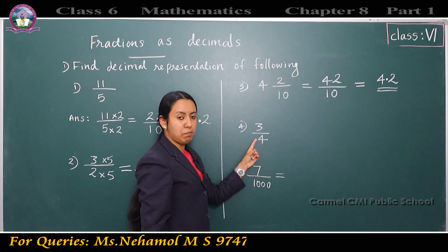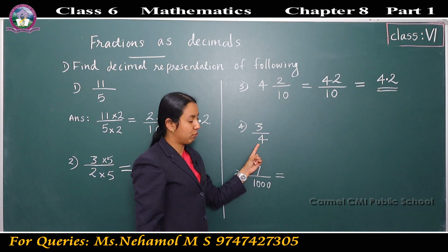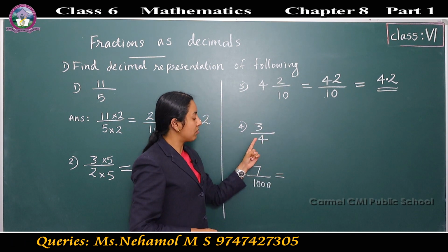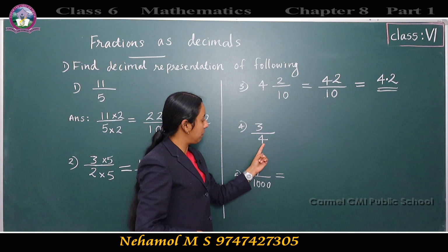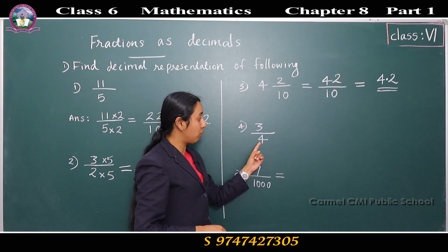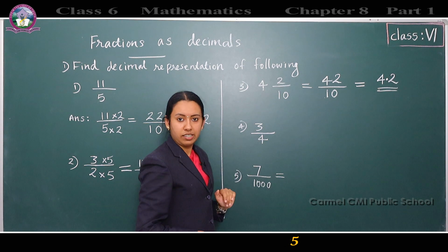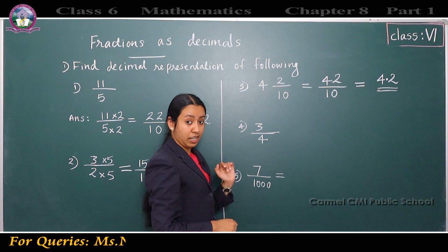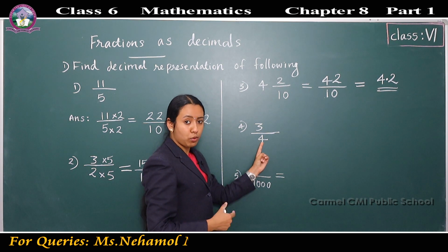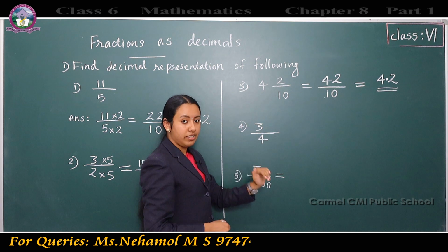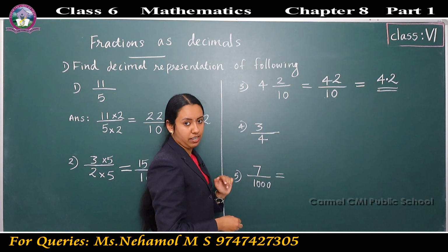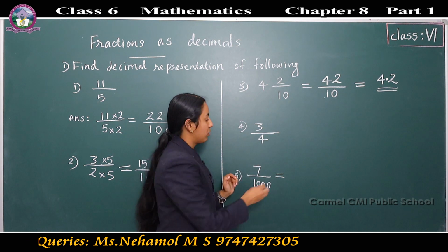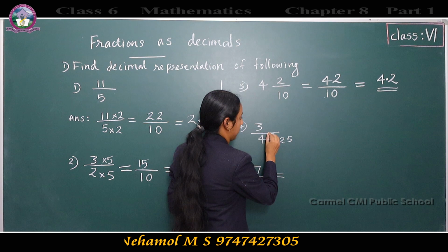Then next number 3 by 4. Denominator is 4. We know that there is no whole number that gives 10 by multiplying 4. So we have to consider 100. Since it is not possible to make this 4 as 10, we can make it as 100. We need denominator as 10 or a power of 10. So 4 into 25.